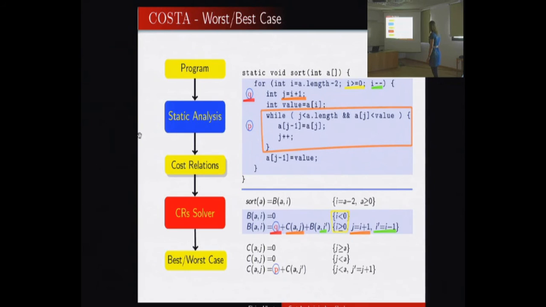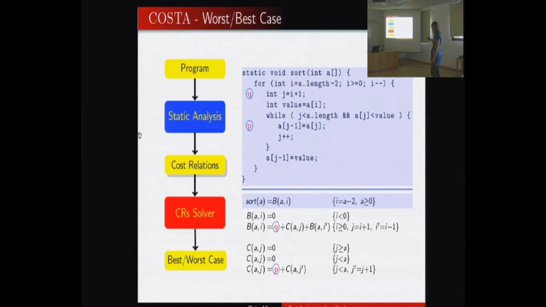And as before, the guards that I have in the loops become the applicability conditions for the different equations. I have one condition in which I don't enter the loop because i is smaller than 0, and I don't execute any instructions, 0. And I have one condition in which I enter the loop, I accumulate all the instructions at each iteration. So the process is fully automatic, and it can be performed for any sequential Java program.